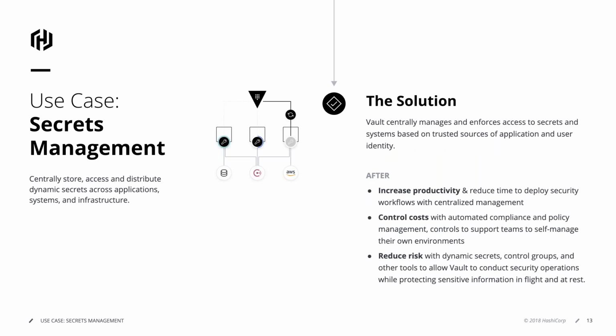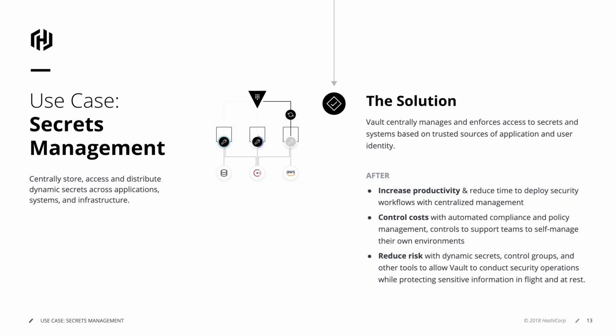So the solution here is obviously, as I just mentioned, using a secrets management tool. It increases the productivity since you now have a central tool and a central workflow that you can point everyone at and say, here's how you interact with secrets data. You can control the cost, especially with compliance and meeting policy objectives.